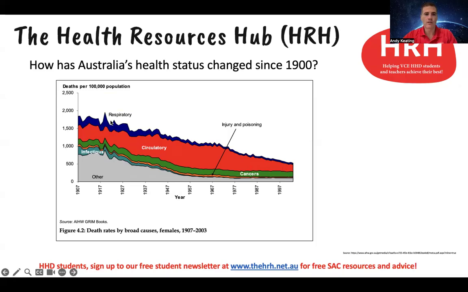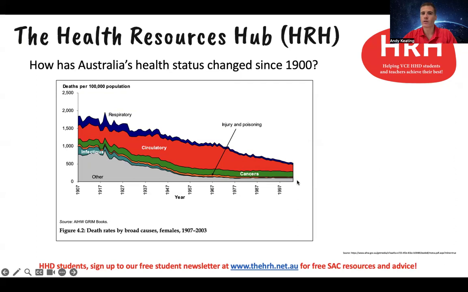You can also see for respiratory conditions over time, there's a decrease in that navy color, so a decrease in deaths for that as well. Once again for infectious diseases, there's been a pretty significant decrease in the thickness of that color, and so a decrease in deaths from infectious diseases from 1907 to 2003.